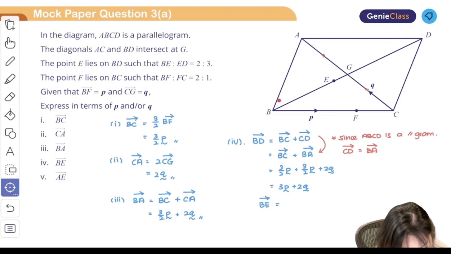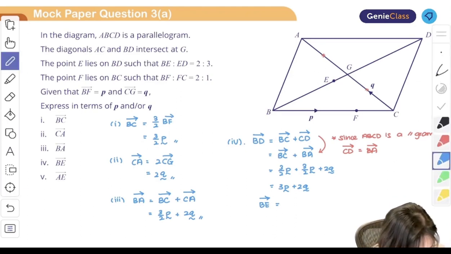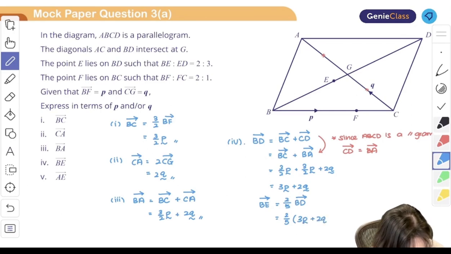This is 2 units, this is 3 units, so this is 2 out of 5 of BD. So 2 out of 5 of 3p plus 2q, that's 6 over 5p plus 4 over 5q.